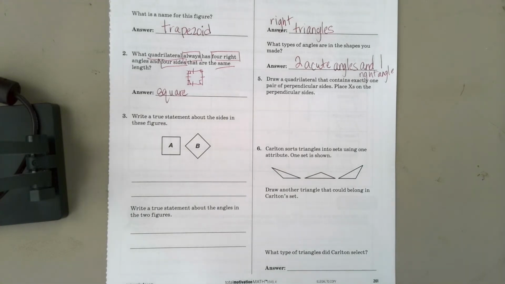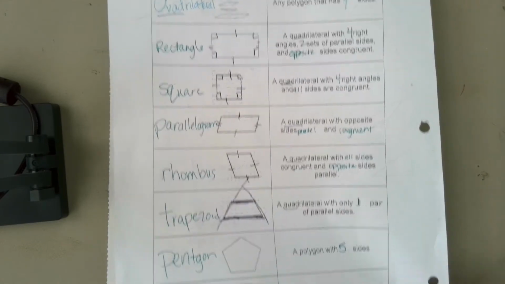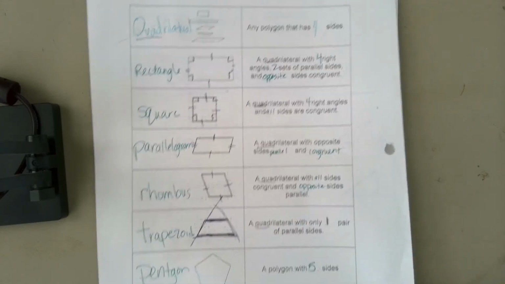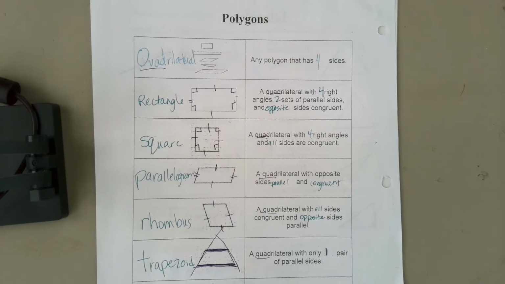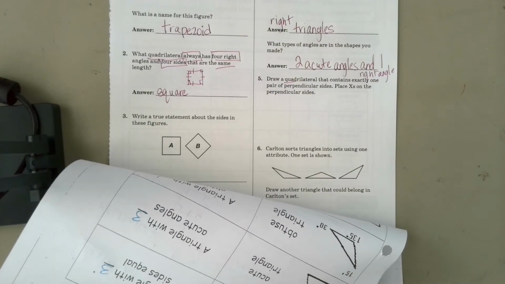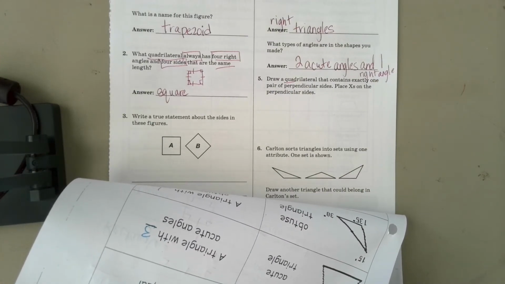Number 5 really gets you thinking, okay? So it says draw a quadrilateral. So if you want to look at your quadrilateral family tree, if you want to look at your quadrilaterals that are listed here, those are the ones that we have listed right there. A quadrilateral that contains exactly one pair of perpendicular sides.